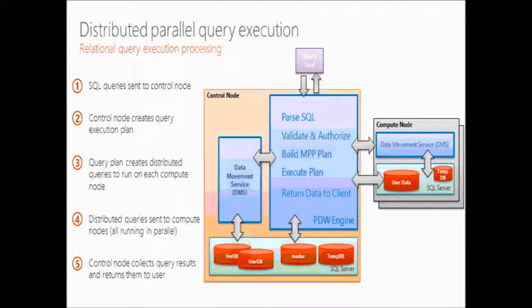Let's see how a query runs on a PDW system. When you create your user databases, as you can see here, your database is created on a control node and each compute node. However, the database stored in the control node is a shell database, meaning there's no data in it.